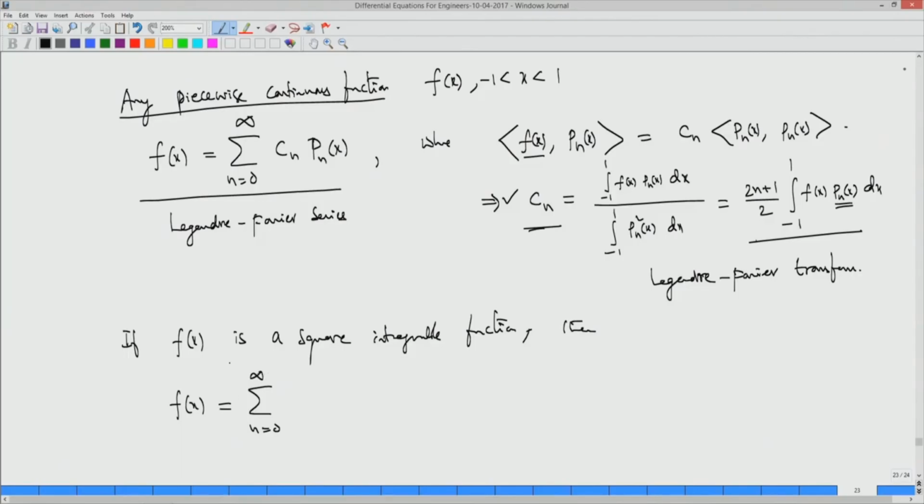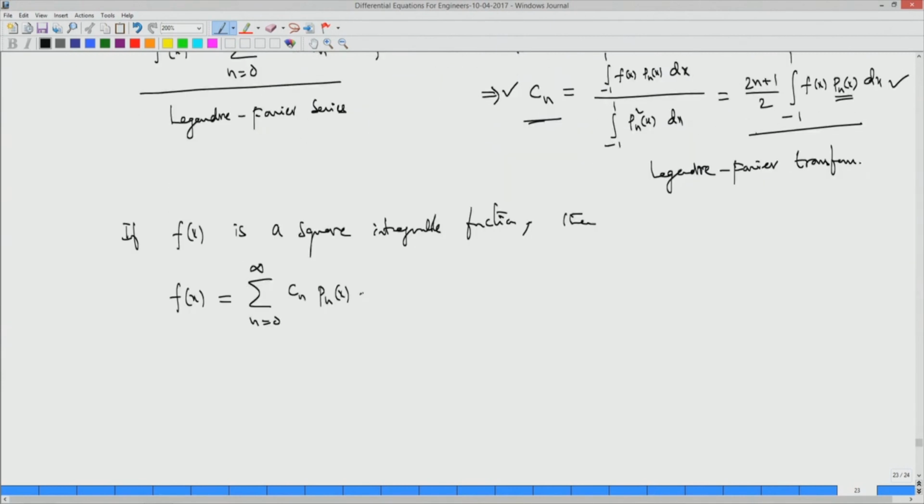For example, in this case, Legendre Fourier series, I can write this Pn of x where the Cn's are the same, but the convergence here is not pointwise convergence.